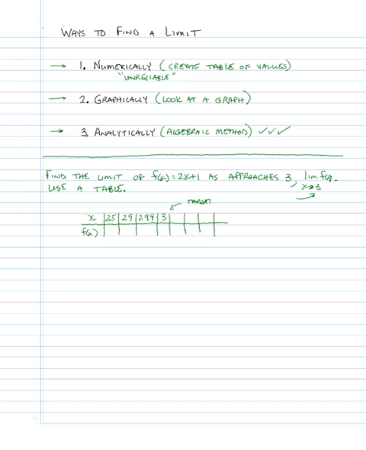And you can see my x values are going from smaller to bigger from the left-hand side, getting closer and closer to 3. Now, on the right-hand side, I'm going to go from bigger to smaller. So I might choose a 3.5, that's bigger than 3. And suppose I'm going to get closer to 3, I might choose a 3.1. And maybe I want to get even closer to 3, I might choose a 3.01. So I've chosen my x values there. And again, I'm letting these x values get more and more near 3 from the right-hand side.